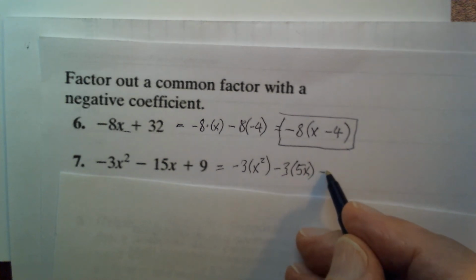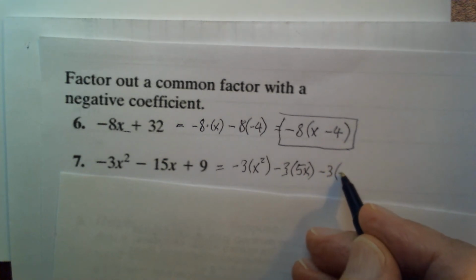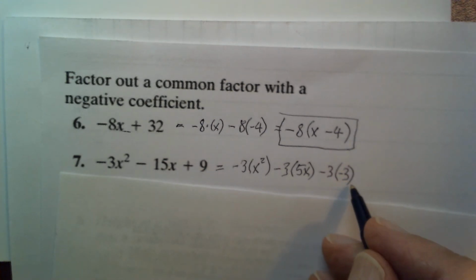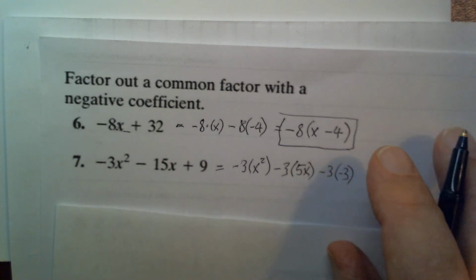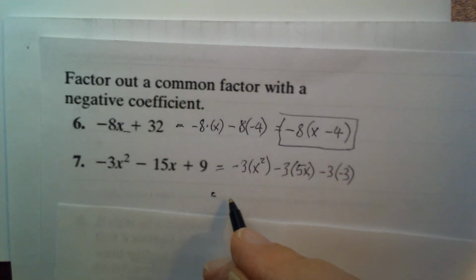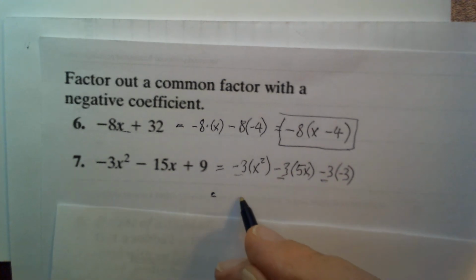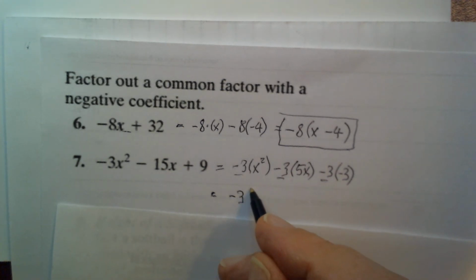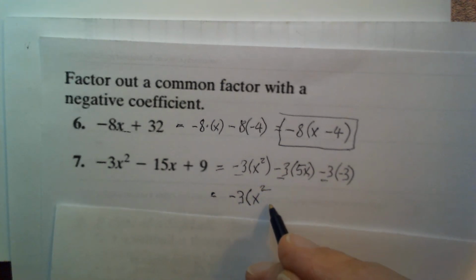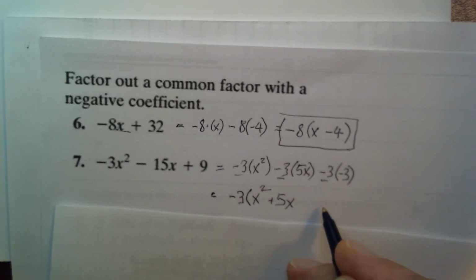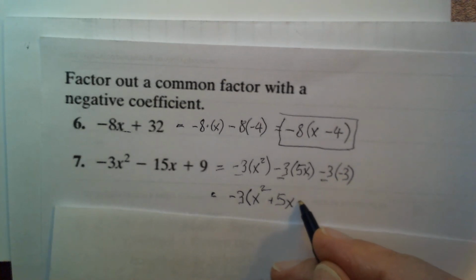And we have a minus 3 times the minus 3, because we know that minus 3 times minus 3 is positive 9. So now, by taking our negative coefficient, minus 3, from each term, we write that in front of the parentheses, minus 3, and inside the parentheses goes the x squared and the 5x. And the negative 3.